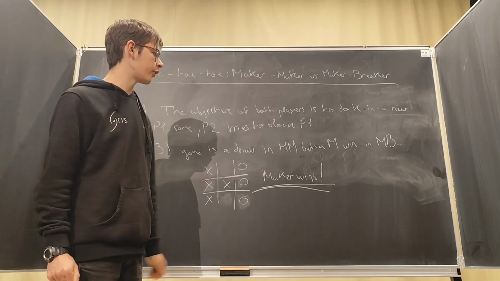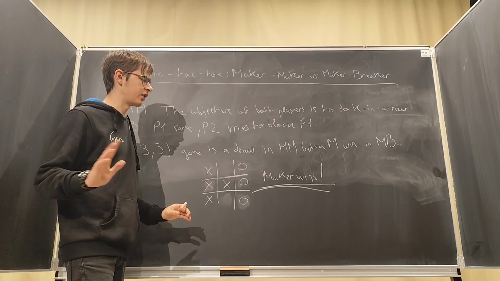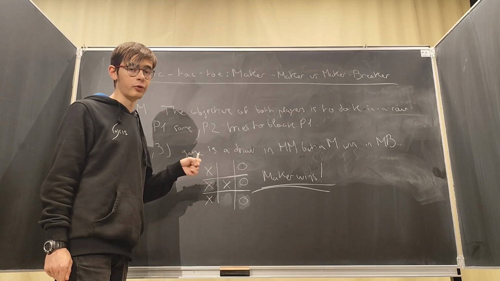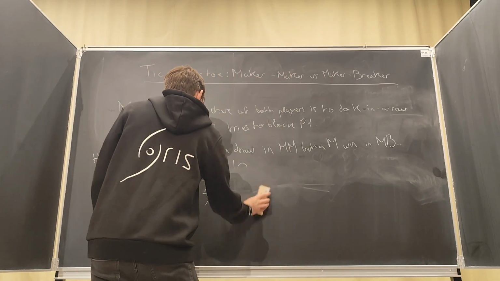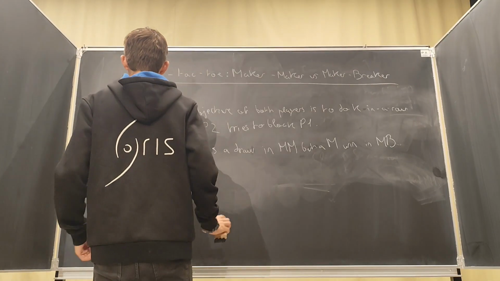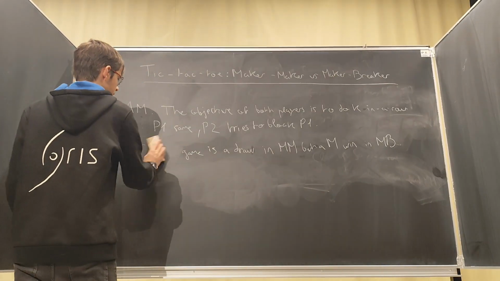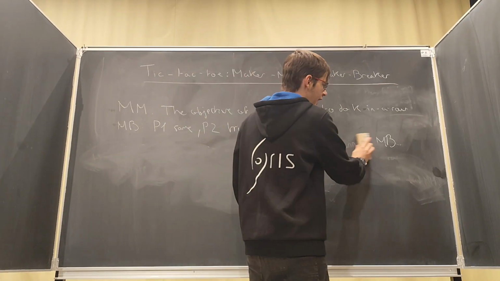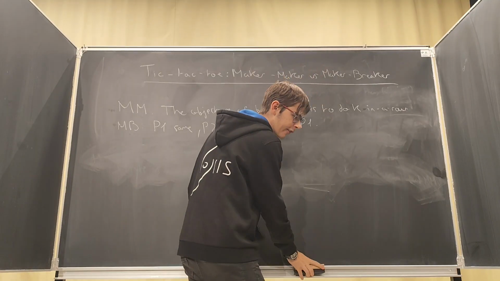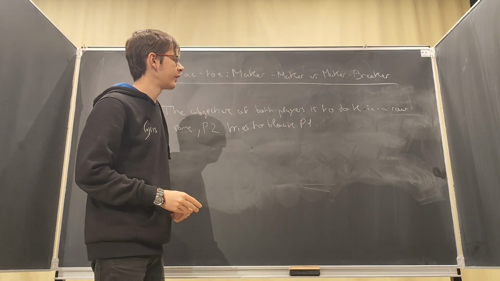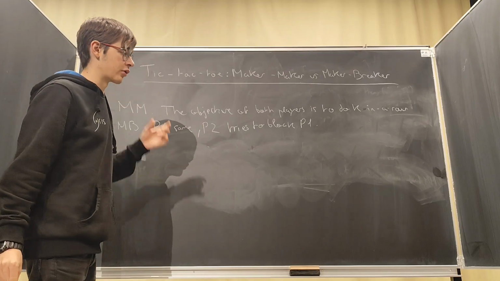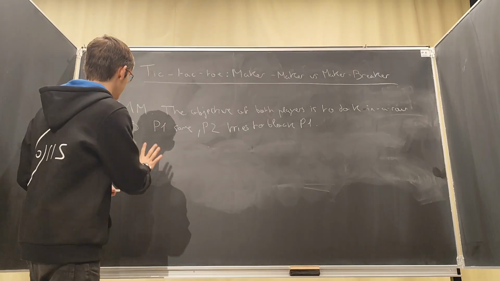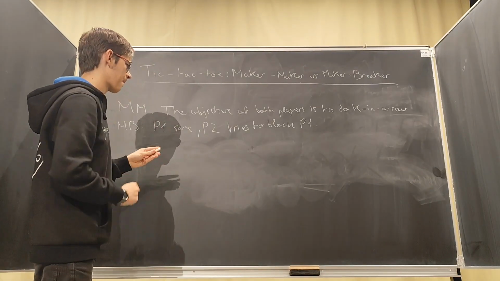While in the maker-breaker version, he doesn't need to worry about that and can just focus on doing his own thing. So we can generalize this idea of player 1 being better off in the maker-breaker version with some general results.